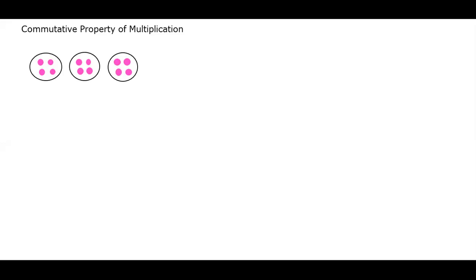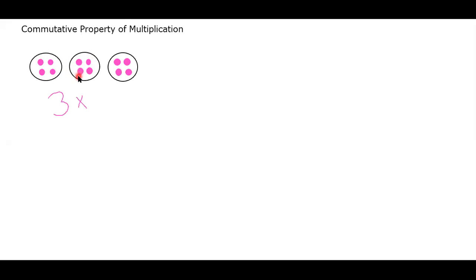Okay, so let's look at this example of the commutative property of multiplication. First, let's see if we can write a multiplication equation that matches this picture. Let's count the number of groups first. 1, 2, 3. So I know there are 3 groups times, let's see how many are in each group. 1, 2, 3, 4.